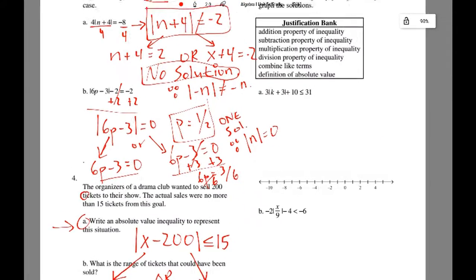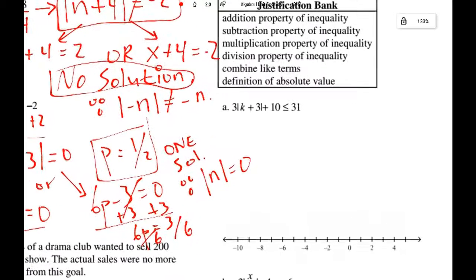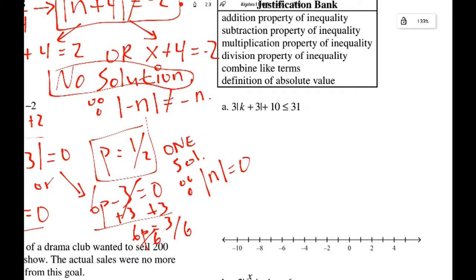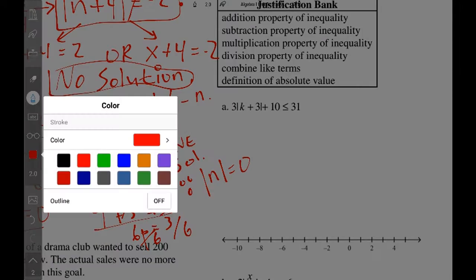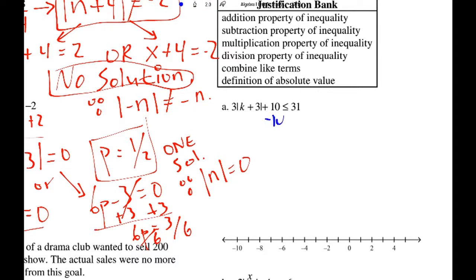All right, so we're going to have to solve each inequality and justify each step. Let's get the box solved by itself, and let me use a different color coding. Subtraction property: get rid of that 10. Make sure you mention that.